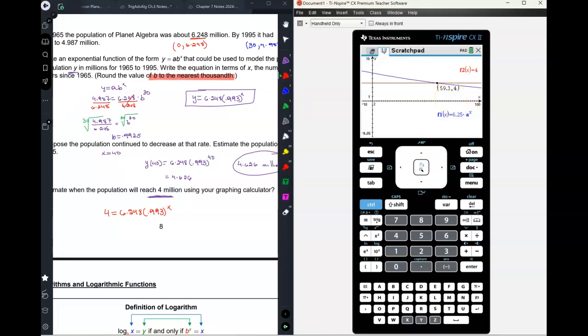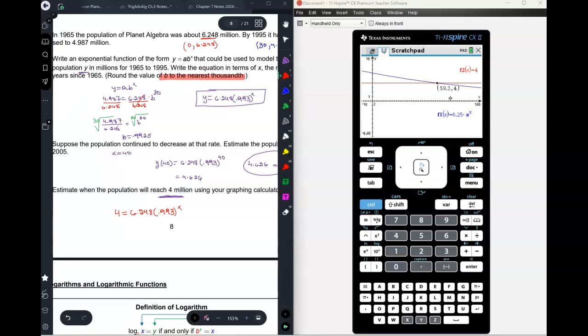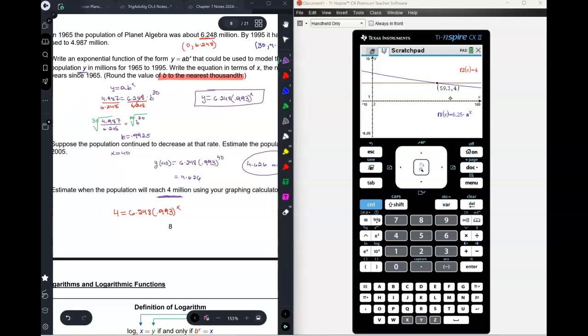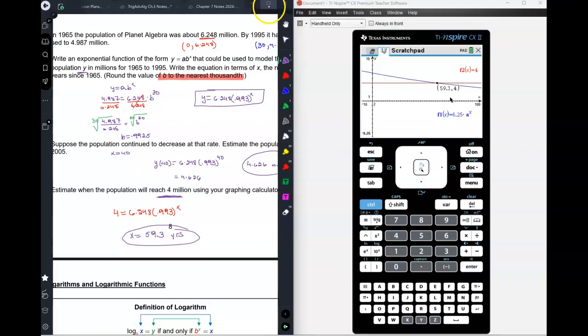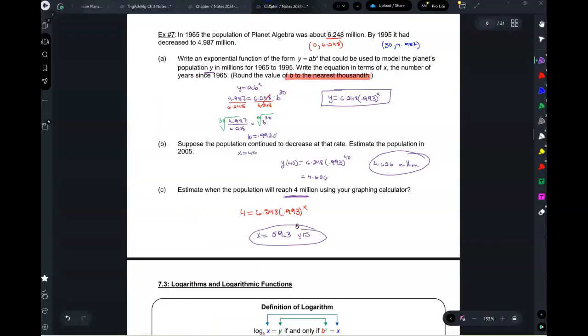Okay? When will the population reach 4 million? That's the x value. So here, x is 59.3 years. Okay? 59.3 years. And then, you can talk about decimal values and so on.